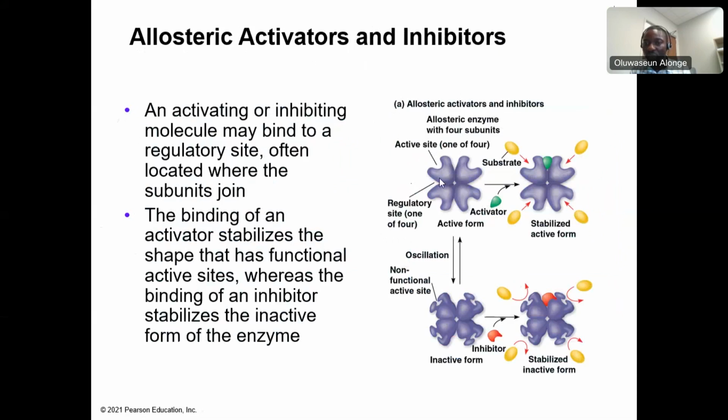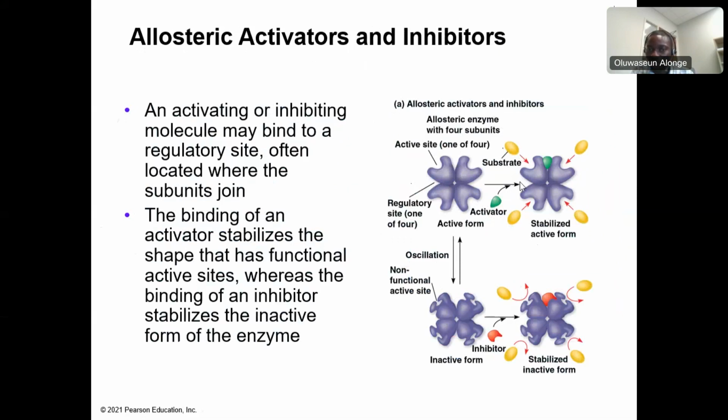It has 4 subunits. There's an active site and there's a regulatory site. The substrate is supposed to bind to the active site, and you see the substrate binds to the active site there. Now, here you see the activator binding there, supporting the substrate to bind.